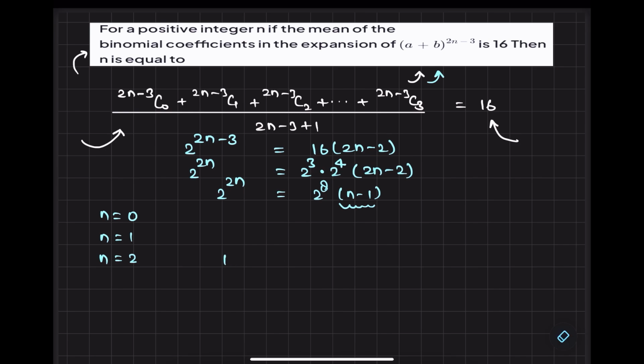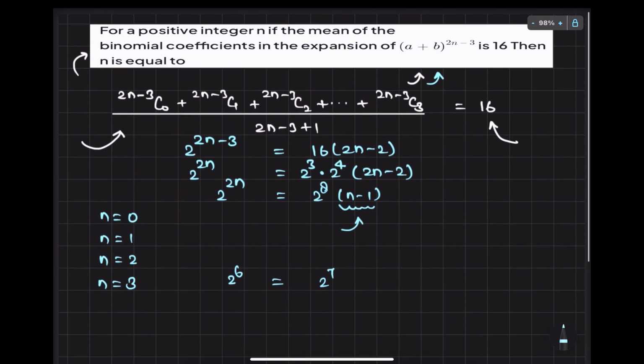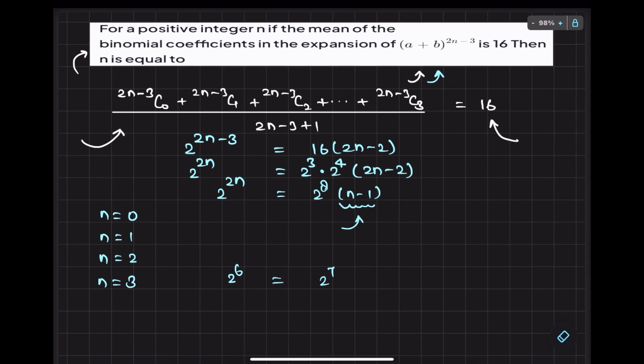Correct? Now n is equal to 3. So here we got 2 power 6, and here you will get 2 power 7. 3 minus 1 is also 2. So it is not satisfying that value. So it is not correct.